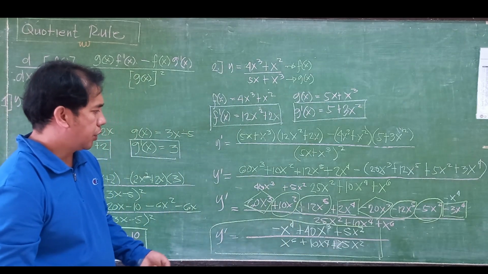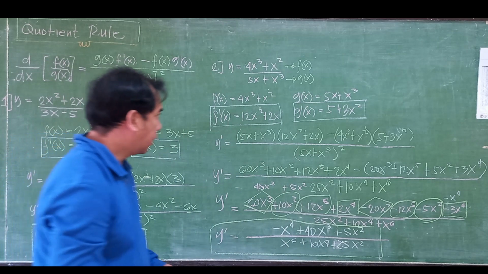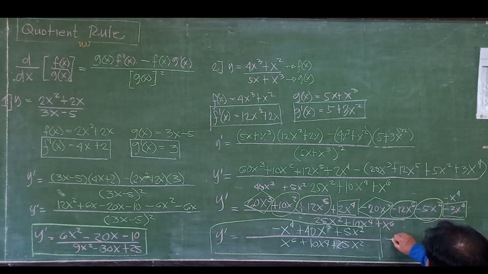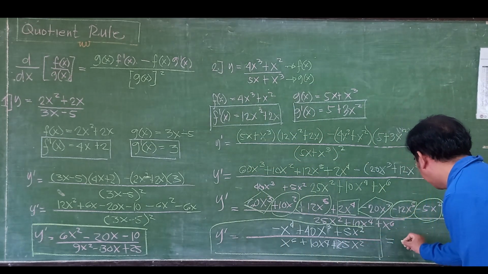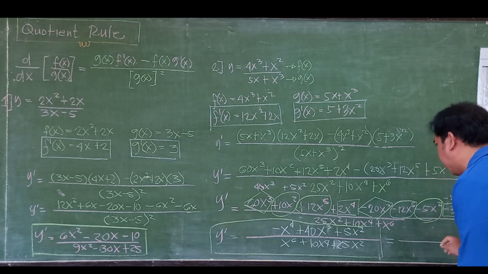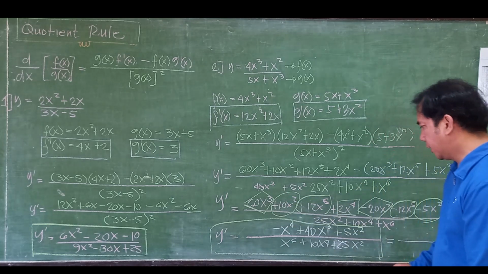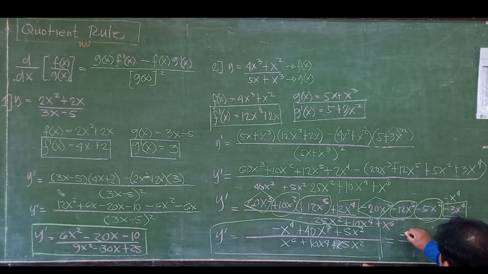So notice we can factor out that one. So our final answer could be what? When we factor out x raised to 2, what remains in the numerator is negative x raised to 2.